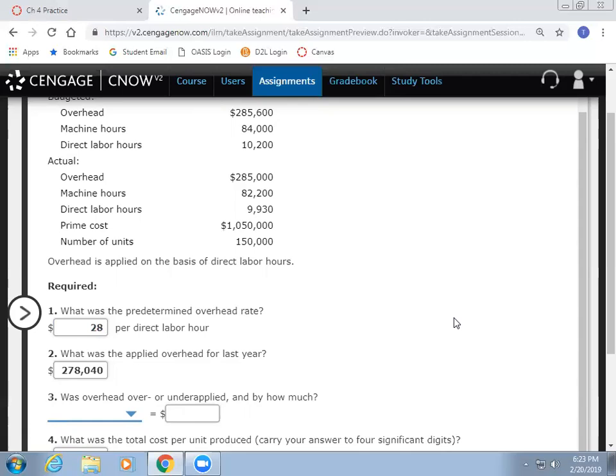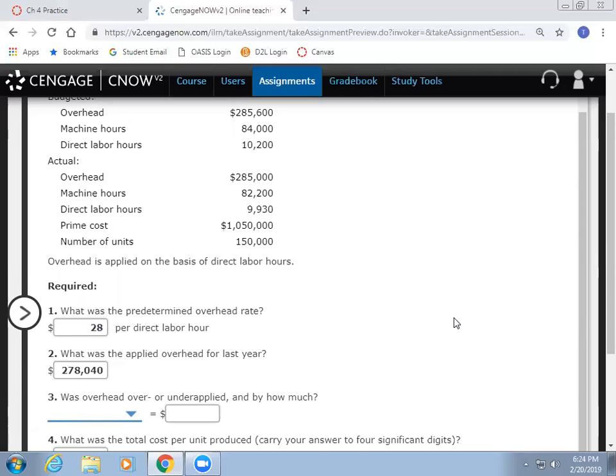Okay. We'll have our overhead control, and we applied $278,040. And then if I look at my actual, the actual overhead was $285,000. So did we over or under apply? Under, good.